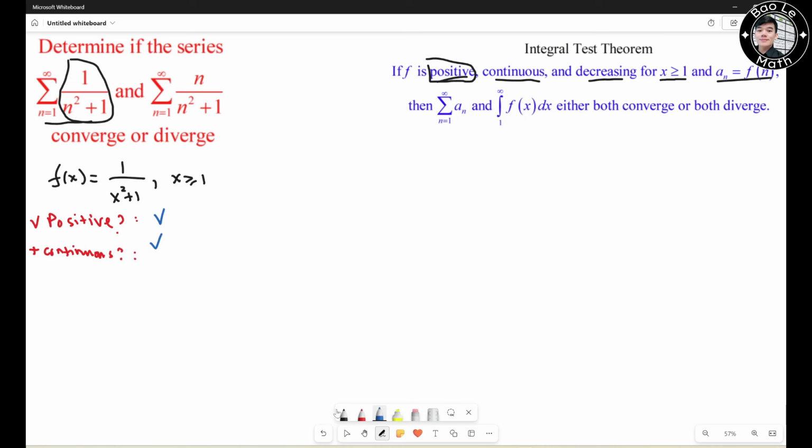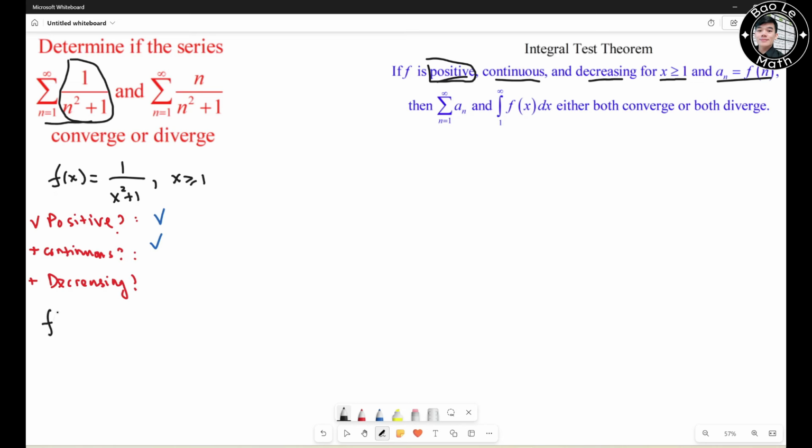Now we need to check the third condition, whether the function is decreasing. In order to check that, we need to take the derivative of this function, so basically differentiate this one.